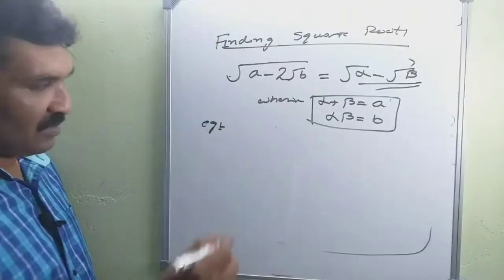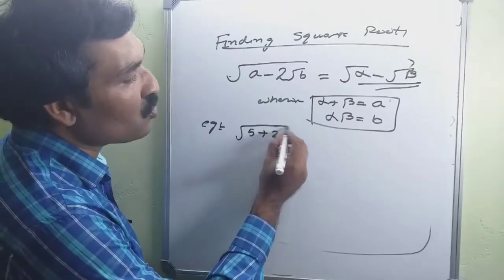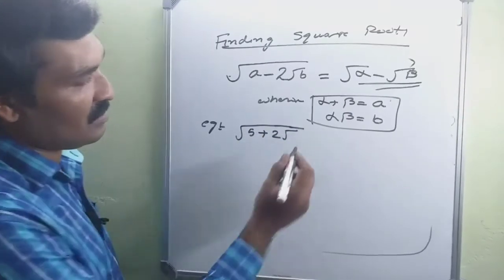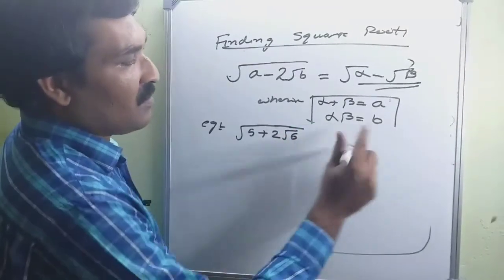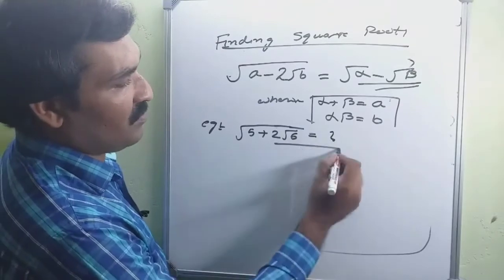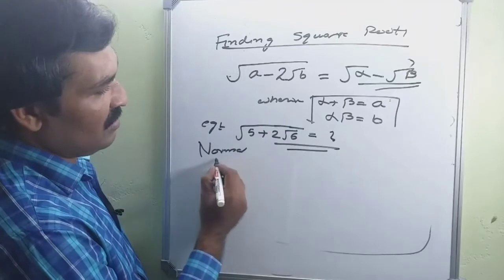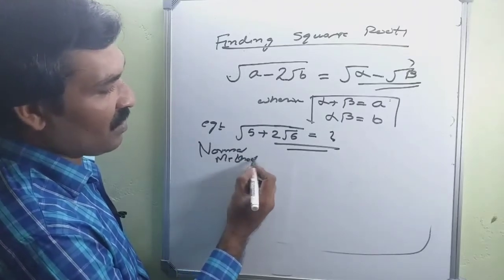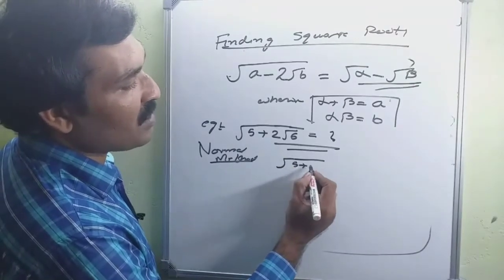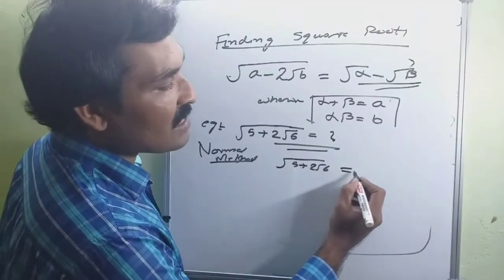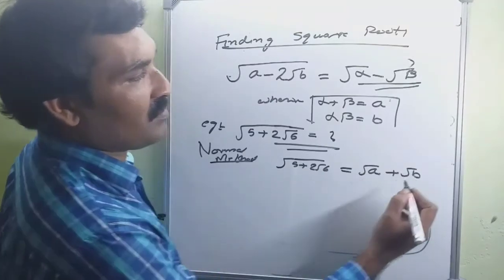Example: root of 5 plus 2 root 6. Let's find this, this is a question. By the normal method, we can solve: root of 5 plus 2 root 6 is equal to root a plus root b.